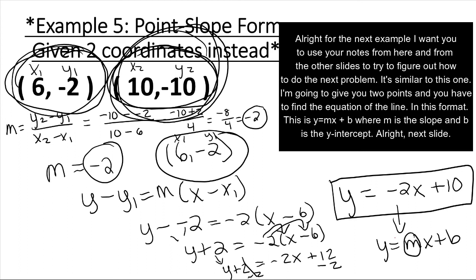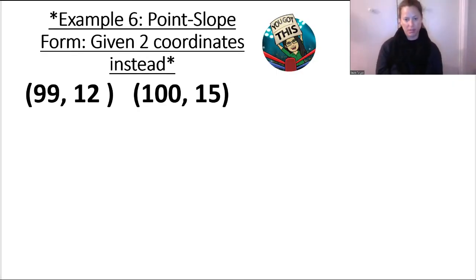Remember, this is the slope, and this represents our y-intercept. All right, next slide. Okay, here it is. Go ahead and press pause. Take your time, okay, and then come back to check your work. Go ahead.